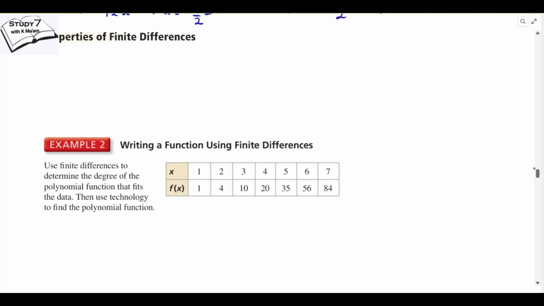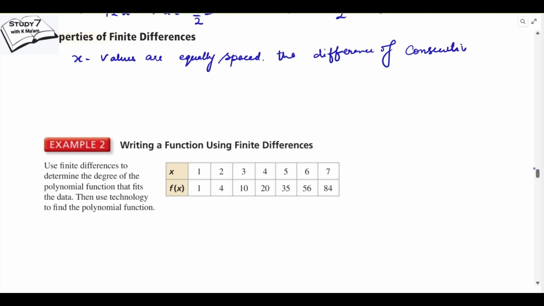When the x values are equally spaced, the difference of consecutive y values is the finite difference.